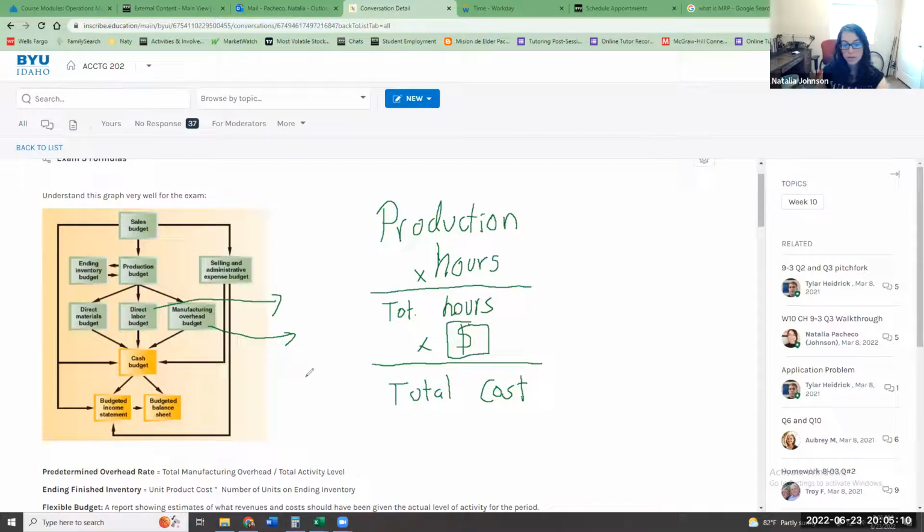So they will give it to you as, let's say, $2 per direct labor hour. So you just multiply that times 2. Then the selling and administrative expenses. Just remember that this one has usually a fixed cost and a variable cost.